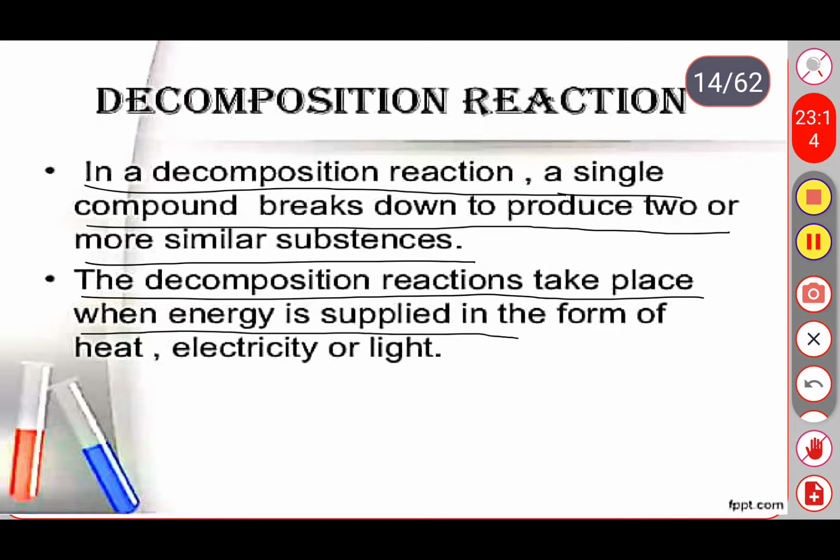So it means all the decomposition reactions are endothermic reactions. Endothermic, we already discussed in the previous class, means the reaction that absorbs heat and light, so that type of reaction we simply call an endothermic reaction. In the exothermic reaction, heat will be released.